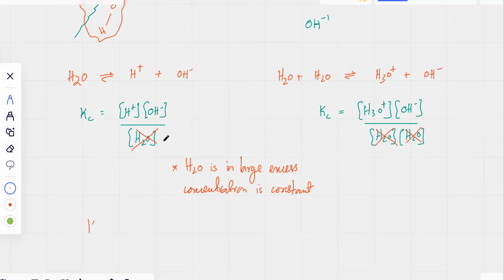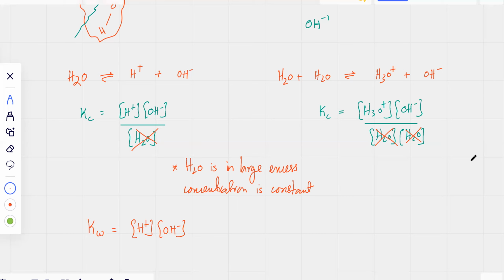Now this one would be called Kw. It's going to be H plus 1 concentration multiplied by OH minus 1 concentration. So why did you cancel out the water molecules in the denominator? It's in large excess, so its concentration would be a constant. There's no point writing water over here.